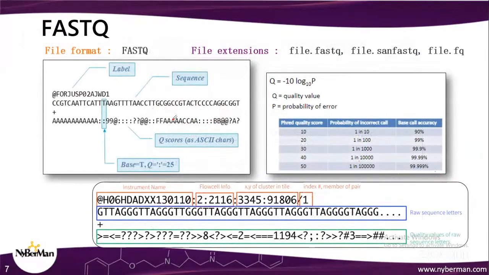Next is the FASTQ file. So the FASTQ file is the advanced version of the FASTA file where we have more information about the sequence.